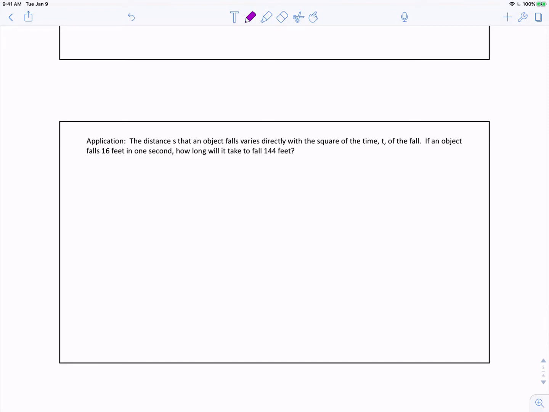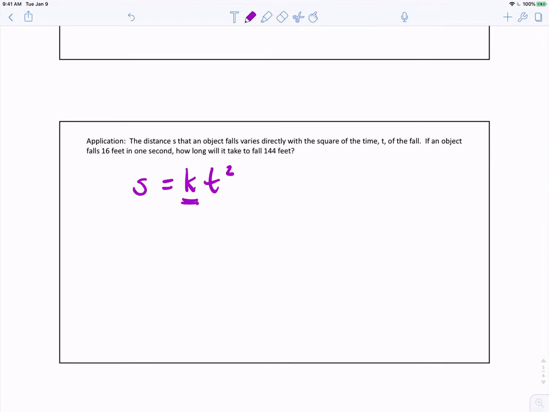Here's an application of when you would use variation. The distance s that an object falls varies directly as the square of time. Let's just write that down. Distance s varies directly as time squared.